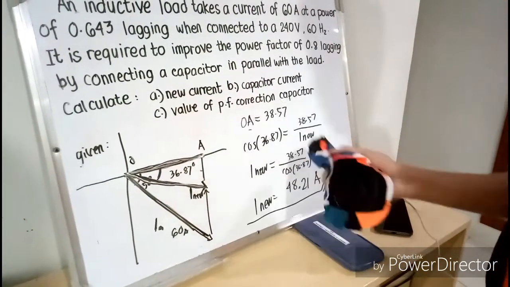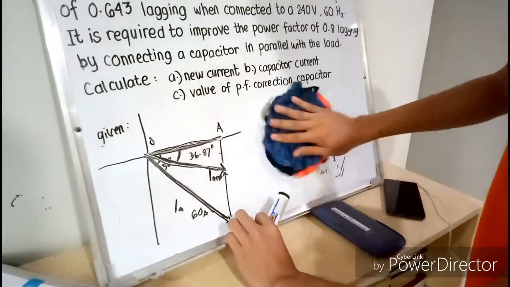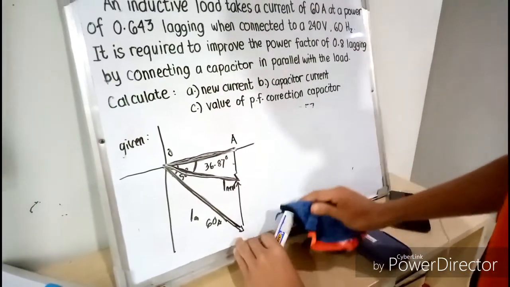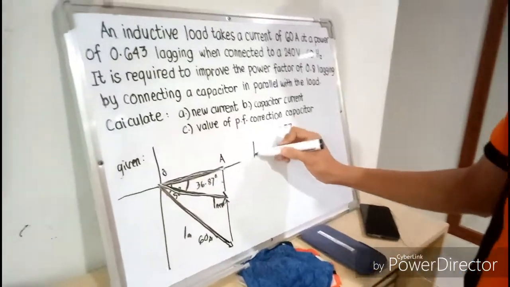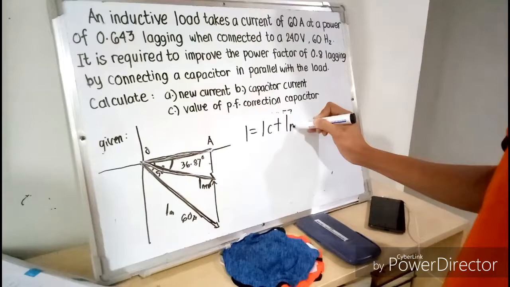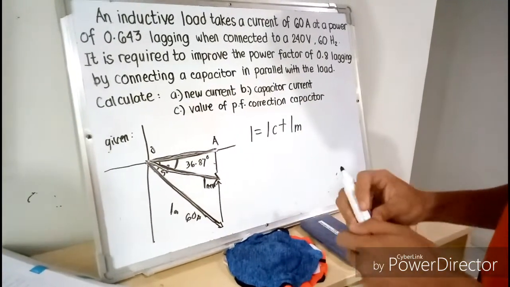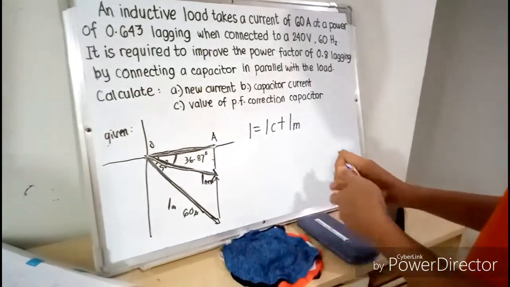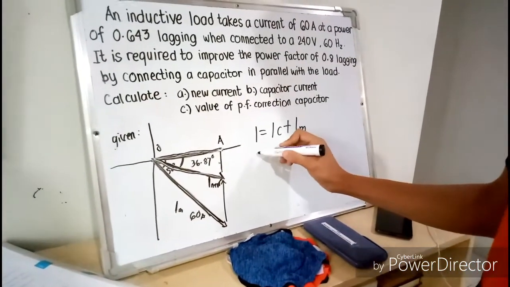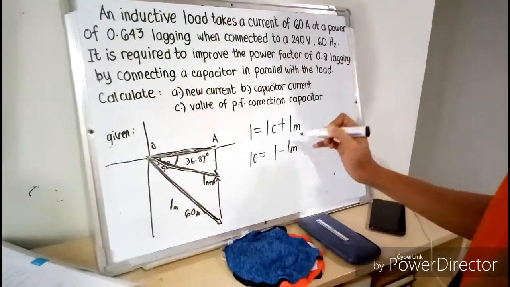Now, let's solve for the capacitor current. We have the formula: I is equal to I_C plus the new current, so I_C is equal to I minus the new current.